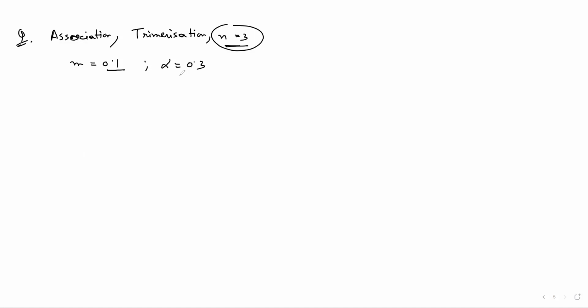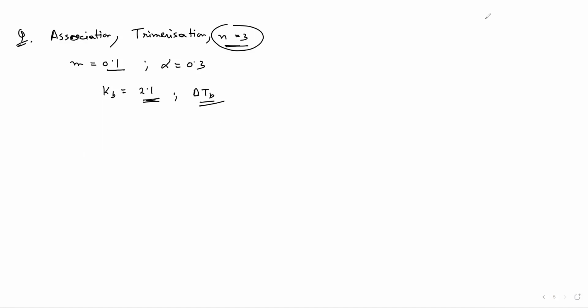And Kb value which is given is 2.1. Solve it. Find out ΔT.